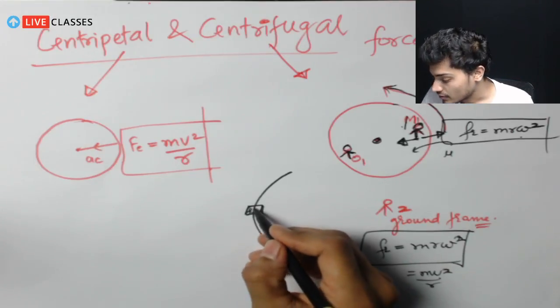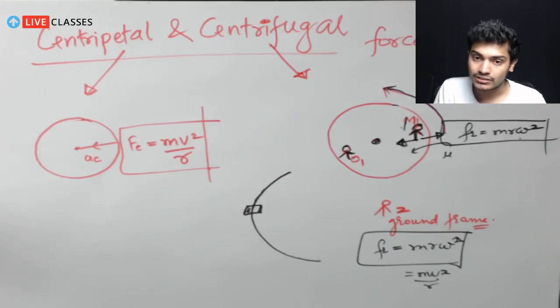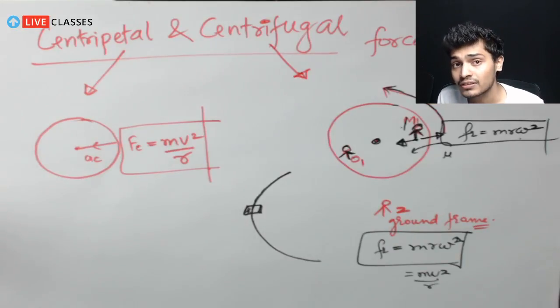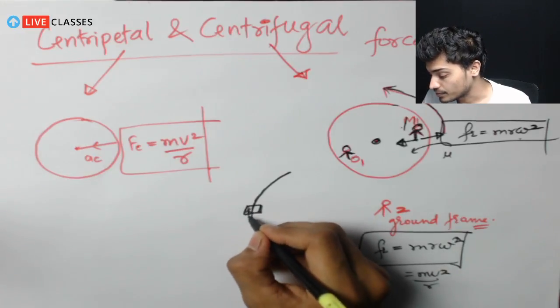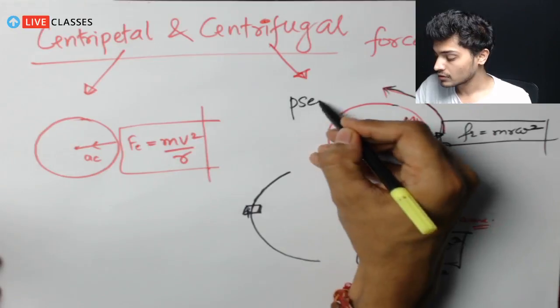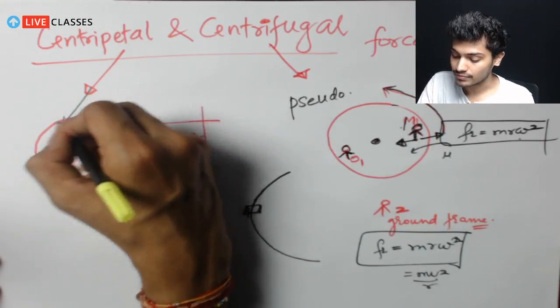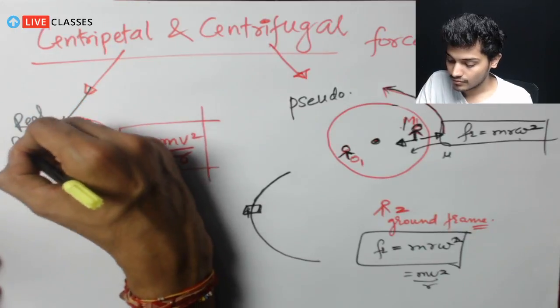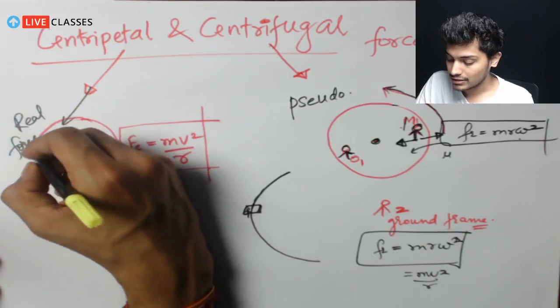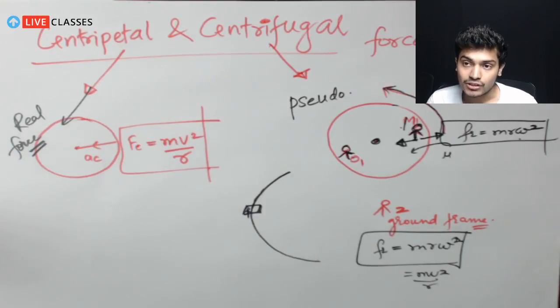This is only because of the centrifugal force. Centrifugal force is nothing but a pseudo force. It is not a real force, but centripetal force is a real force. That is the basic distinction between centripetal and centrifugal force.